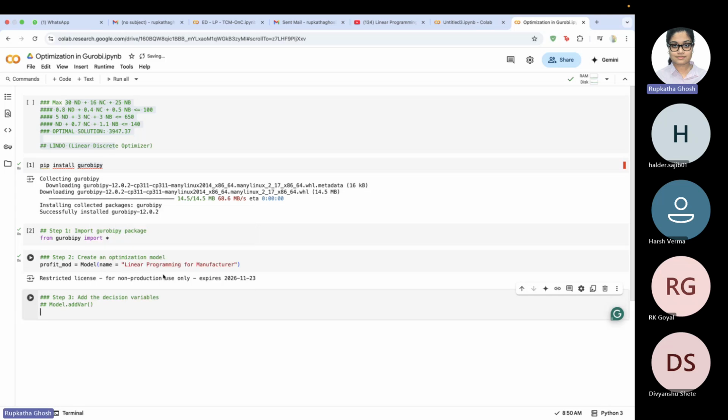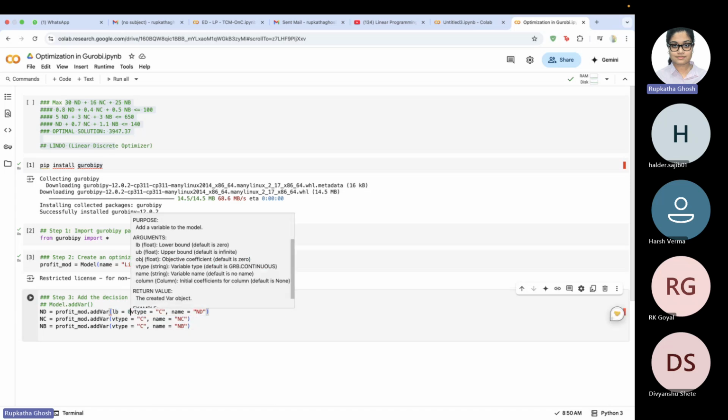So my first variable is ND. I will write profit mod, since this is my model, profit mod dot addVar. See, it has already given me everything because the moment I clicked on tab, it gave it. You write LB equal to 0.